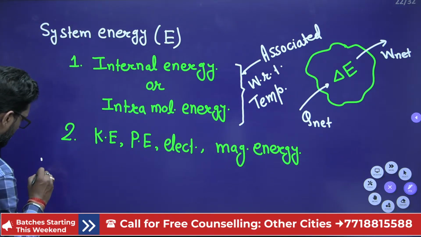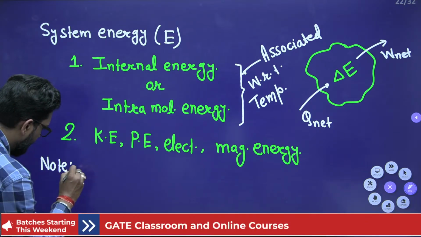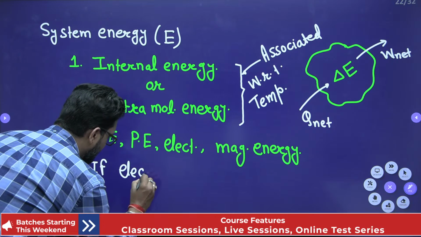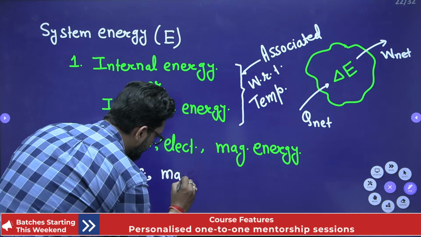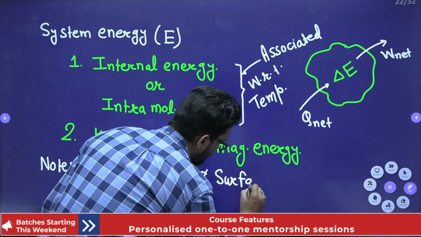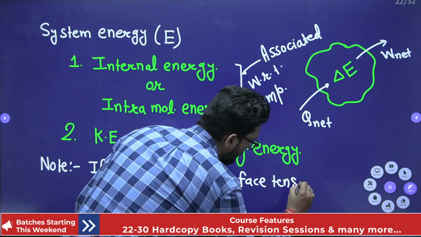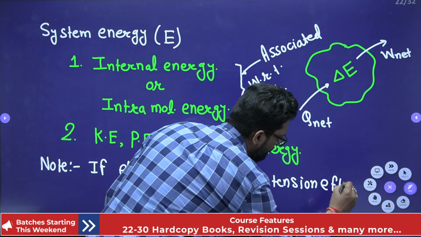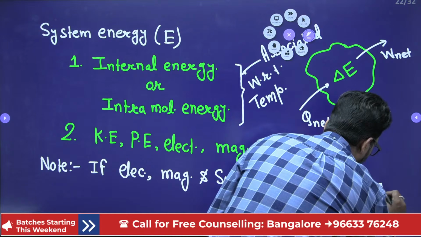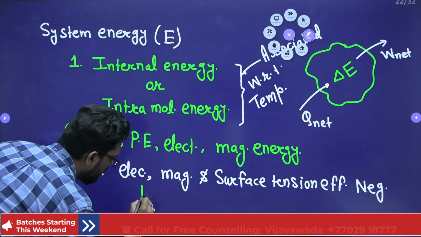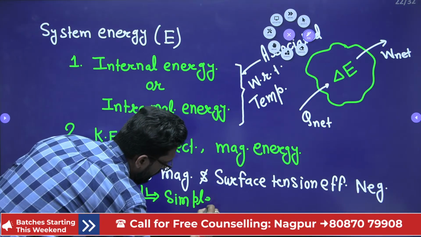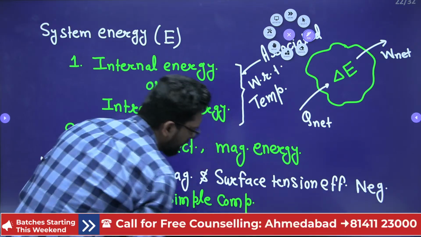Note. What is the note here? The note is that if electrical, magnetic and surface tension effects are neglected, in that situation, that is called a simple compressible system, a simple compressible substance.